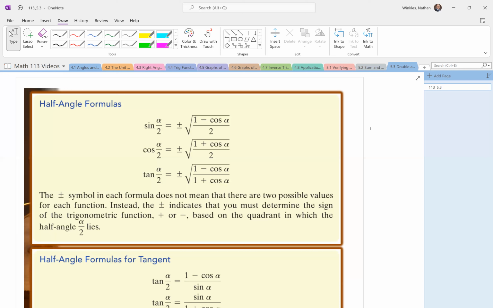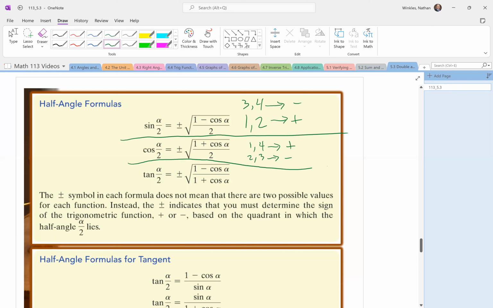So in other words, for sine, if we are in the first and second, that means it's positive. Third and fourth gives me a negative. For cosine, first and fourth gives me positive. Second and third gives me negative. For tangent, tangent is going to be positive in the first and third.